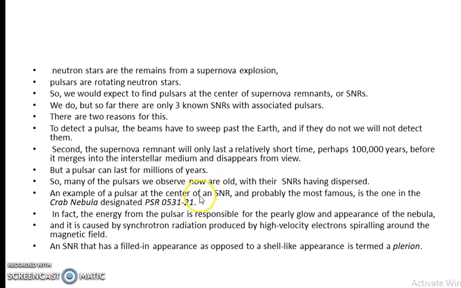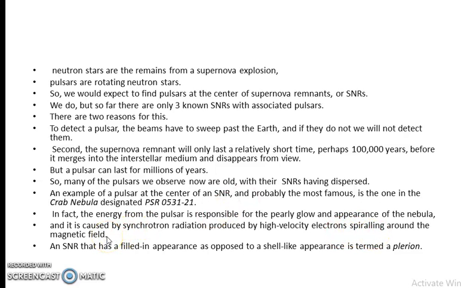So an example for a pulsar at the center of a supernova remnant is PSR 0531+21. This is situated in the Crab Nebula, and the energy from the pulsar is responsible for the pearly glow and appearance of this nebula. Okay, the glow of the nebula is due to the pulsar at its center. And this is caused by the synchrotron radiation produced by the high velocity electrons spiraling around the magnetic field.